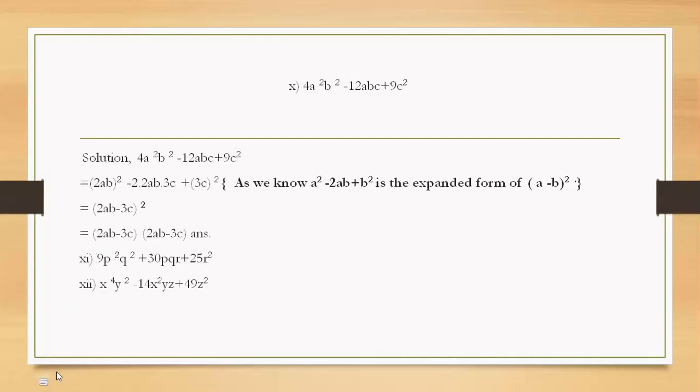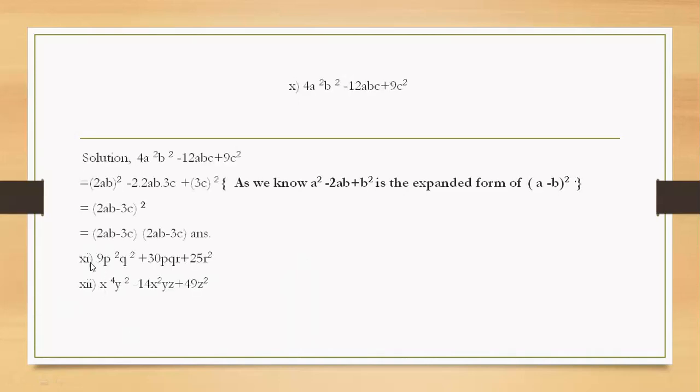In number 11, take a as 3pq whole square and b as 5r whole square. Then make the middle term 2ab, 2 into 3pq into 5r. Similarly, in number 12, make x square y whole square, and the last one is 7z whole square. Then make the middle 2 into x square y into 7z. Then you can use the a minus b whole square formula.